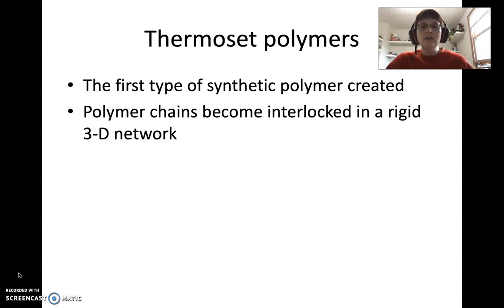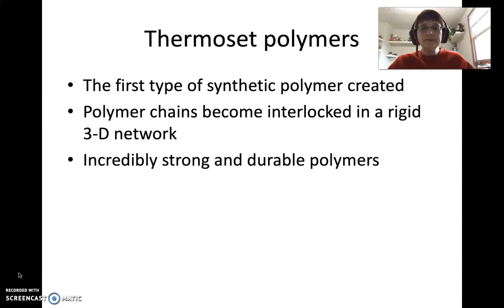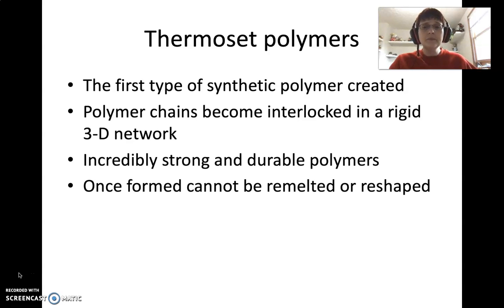In fact, a lot of the thermoset polymers, many people don't even realize that they are plastic because of this rigid nature that they have. They are incredibly strong, incredibly durable polymers. Like I said, pretty much all of these are still around today because once they are formed, they can't be remelted or reshaped.